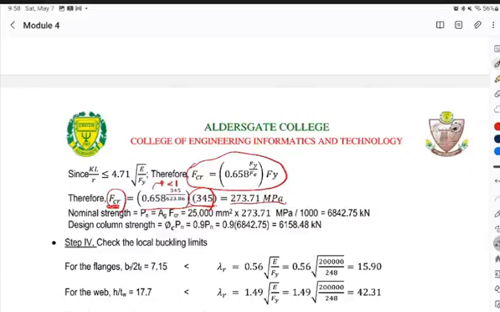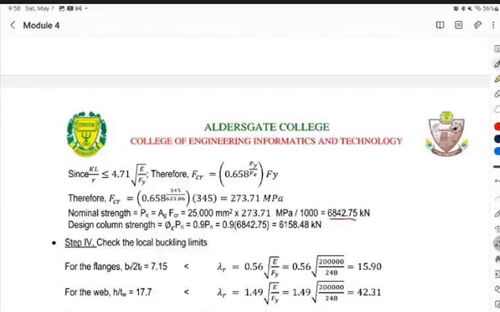So the nominal strength now is our Fcr, we multiplied that by our gross area. So 25,000 by 273.71, you just divide that by 1,000 para ma-express mo siya in kilonewton. What is the capacity? Okay, it is 6,842.75. That's the nominal strength.